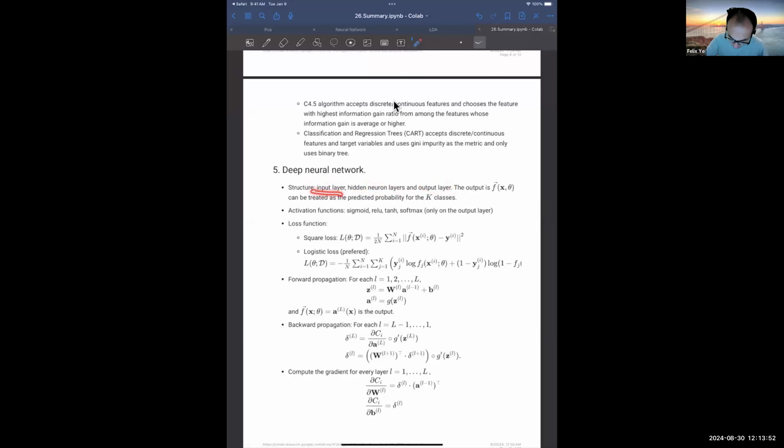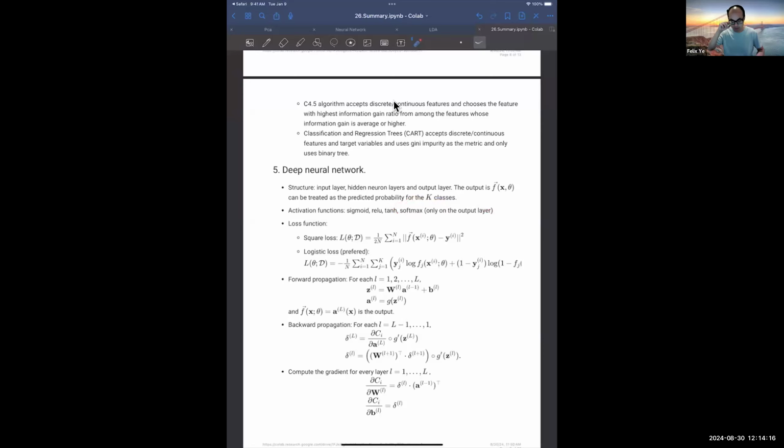If we have an input layer, hidden layers, and output layers, then this becomes a neural network. If we have more than one hidden layer, this is a deep neural network. The output layer will be a vector, so you can treat this as a predicted probability for the K classes if we use the softmax on the output layer.